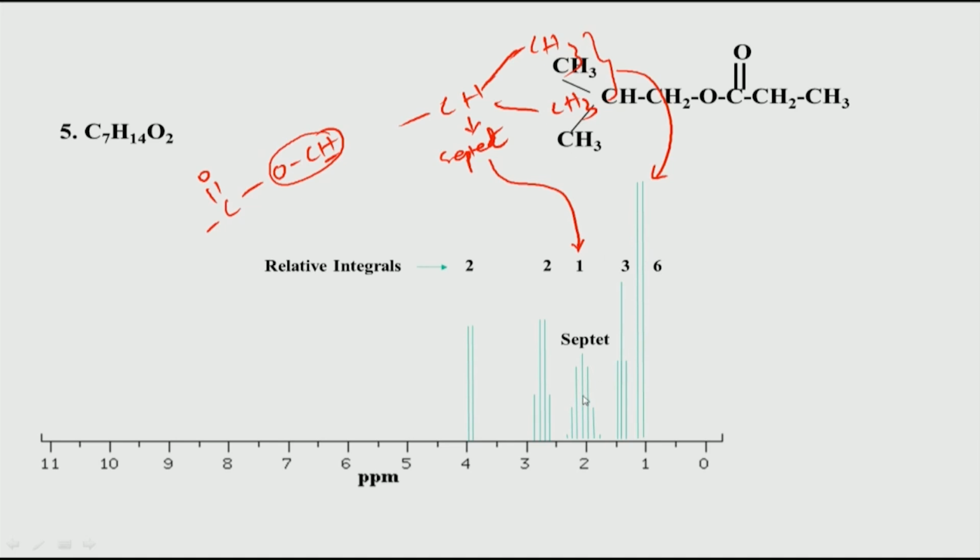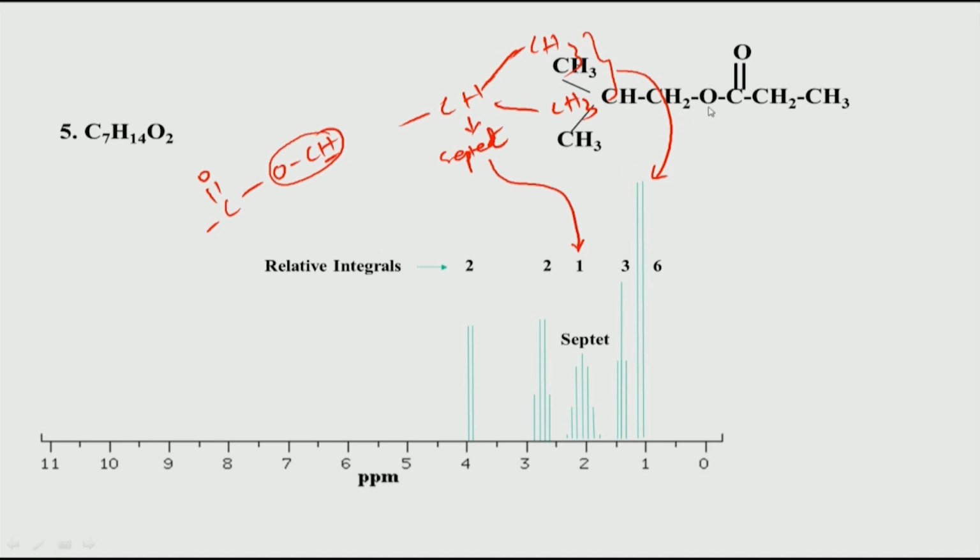Remember, if you see a septet in your spectrum, it automatically means an isopropyl group is most likely present. Of course, this is not the final confirmation; one has to first build a structure and then figure it out, but 90% of the time it is because of this moiety. If you expect this moiety, then you should also expect a doublet of intensity 6.